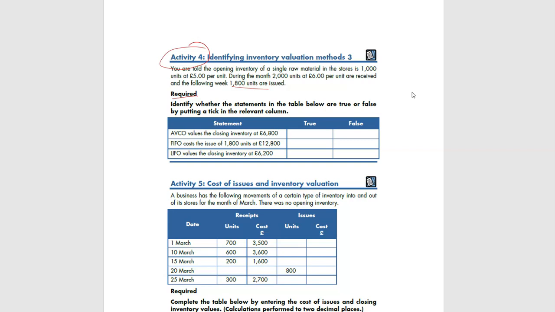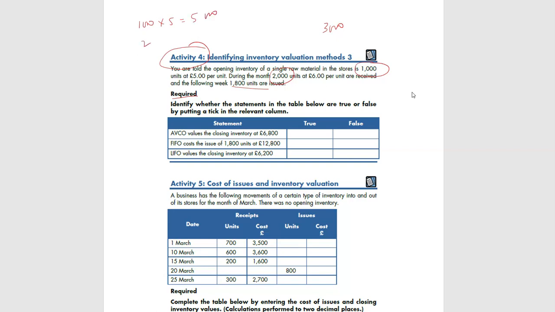We have calculated that already, isn't it? Even though the question didn't ask, we have done it before. Let's do it once again. For the AVCO we make the average. We have 3000 units, 1000 plus 2000, and the cost, we remember, 1000 times 5 was 5000, and 2000 times 6 was 12,000.